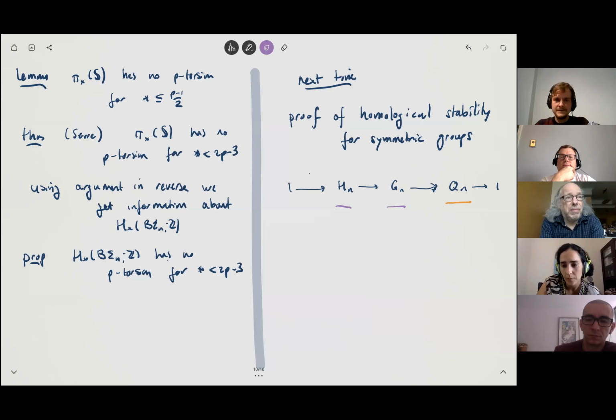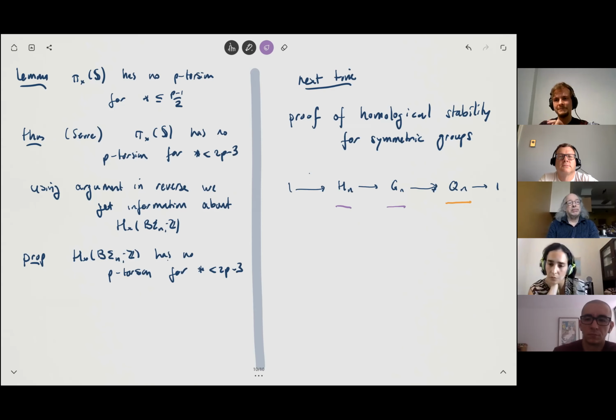Other questions? I have a couple of interrelated questions, and maybe you'll just tell me that it's coming in later talks. First of all, I imagine that in practice, one often works one prime at a time. No, unless you're going for the most optimal ranges, you tend not to work one prime at a time.